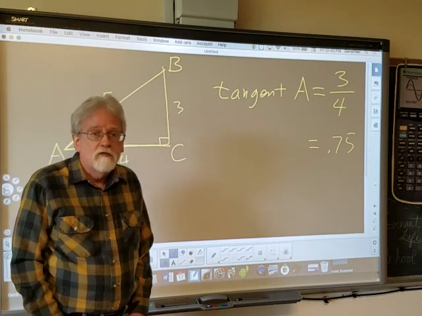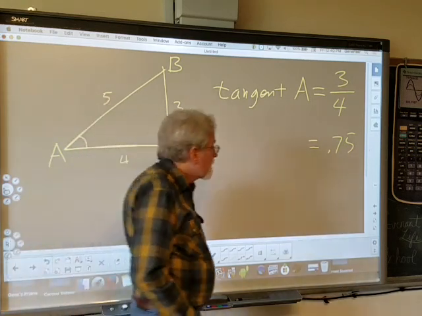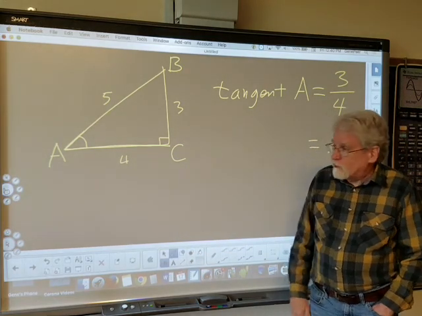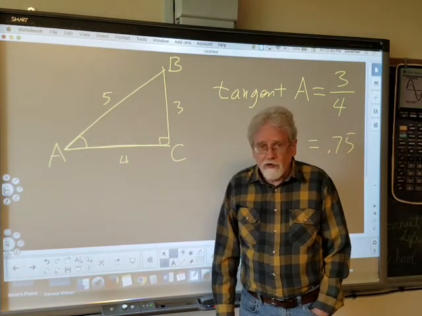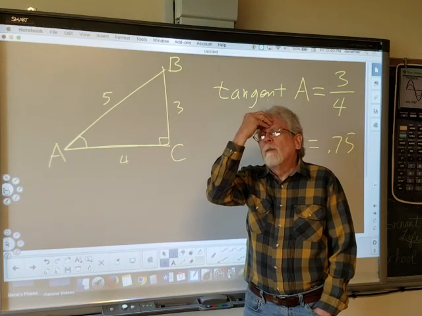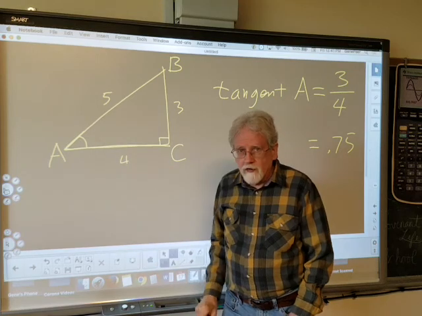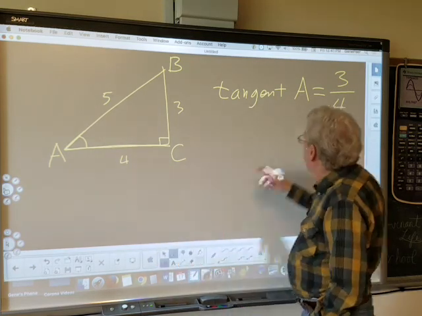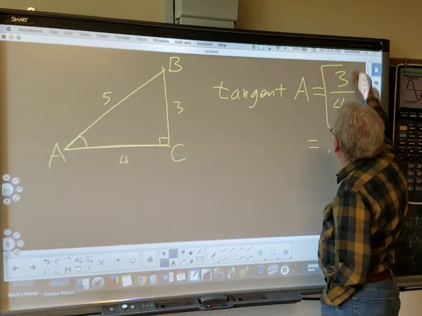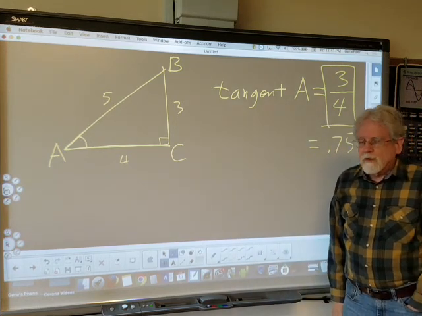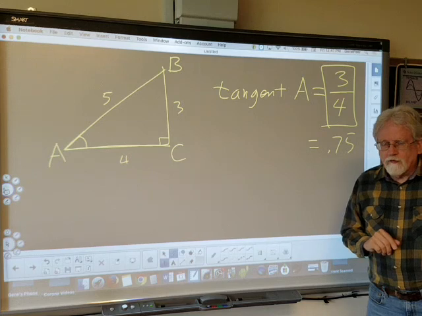But if this were a test question, and I gave you this diagram and asked you for the tangent of A, you would say to yourself, oh, tangent, that's opposite over adjacent. That's 3 over 4. And if you gave me an answer of 3/4, you are perfectly right, 100%. Good. Although we prefer to say 0.75.